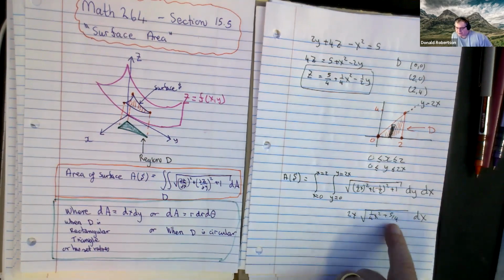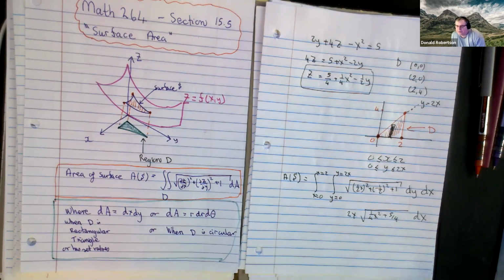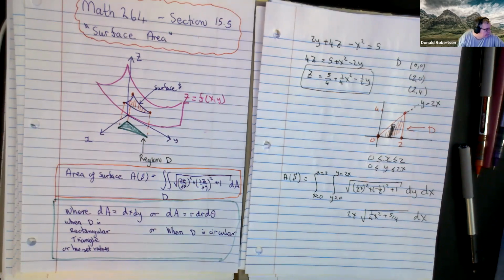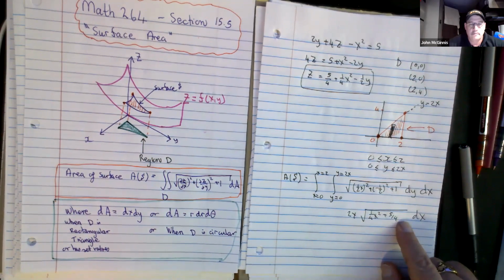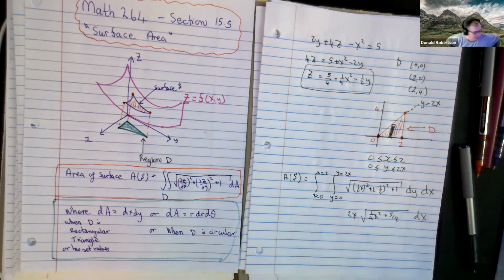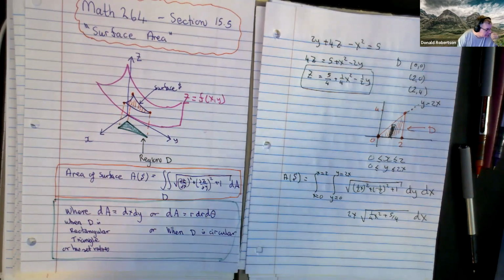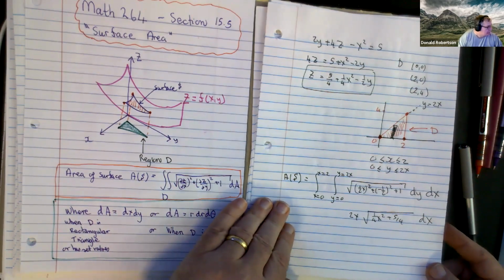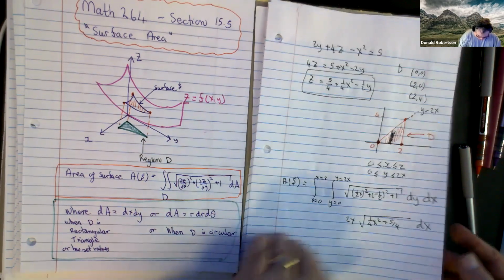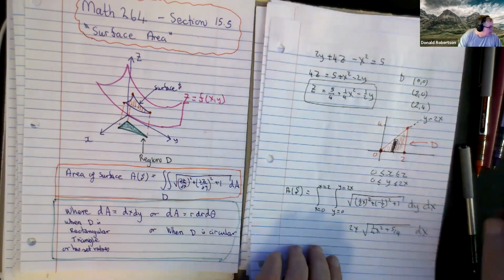How are we going to integrate this guy with respect to x? What method should we use? U sub. Yeah, and the u sub will be this ugly guy in the middle and everybody's happy. Okay, next one, oh, by the way, that was 4.